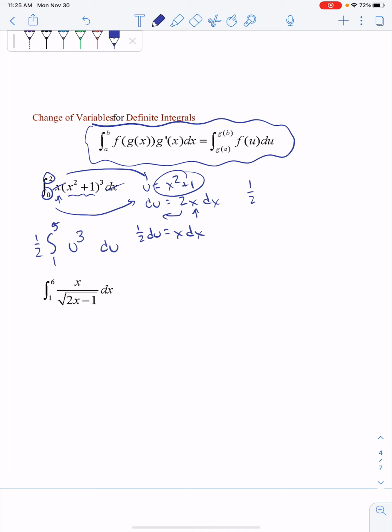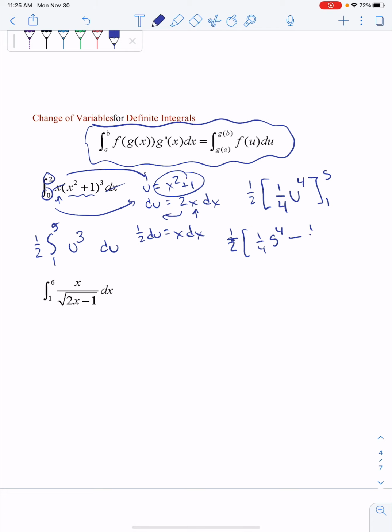So 1/2 multiplied by u cubed, u cubed becomes u to the 4th. And that means I've got to put a 1/4 out in front. And I'm going to integrate that from 1 to 5. So that means 1/2, and then I plug in the 5, so 1/4 times 5 to the 4th power minus 1/4 times 1 to the 4th power.